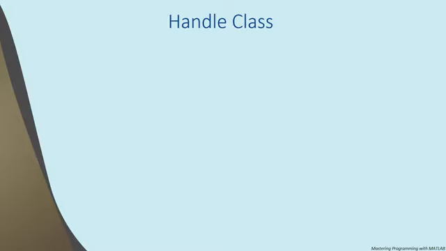We'll look at an example of a handle class in a couple of minutes, but the first thing to know about them is that when you assign a handle object to a variable, the variable gets a pointer to the object instead of the object itself, just the way a cell variable gets a pointer. But with the handle object, you don't have to use those special braces to get the pointer. It just happens automatically.